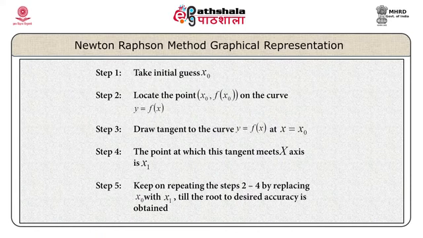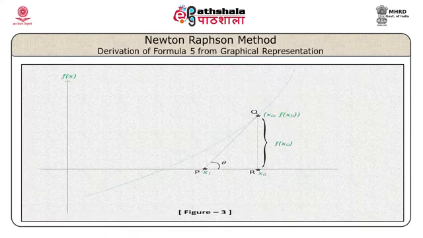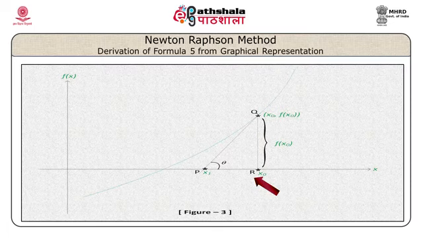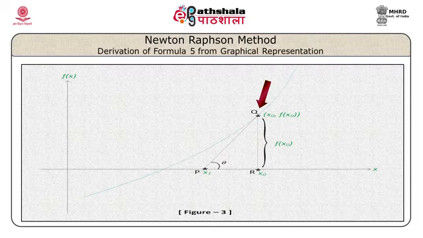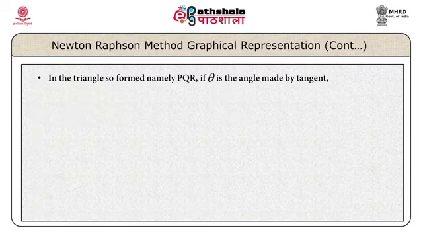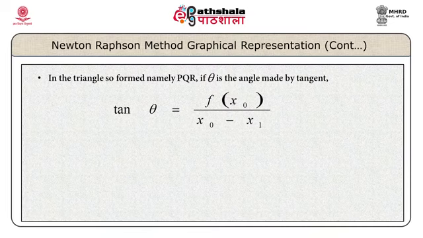This graphical interpretation can be understood as follows. If you look at this figure 3, R is the initial point, the initial guess x0, and the point (x0, f(x0)) let us label as Q, and the point x1 where the tangent meets the x axis, let us call it P. So, if we look at this triangle PQR, and let us say the angle which tangent QP makes with the x axis we denote as theta, then tan theta we know by trigonometry is given by perpendicular upon base.